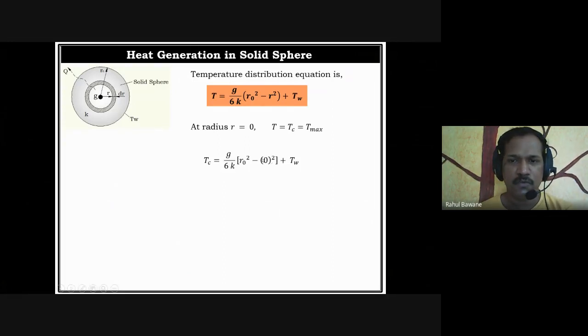So this whole term becomes 0, and finally I get the temperature at center as G R0 square upon 6K plus T wall. So it is not possible every time to remember each and every formula.